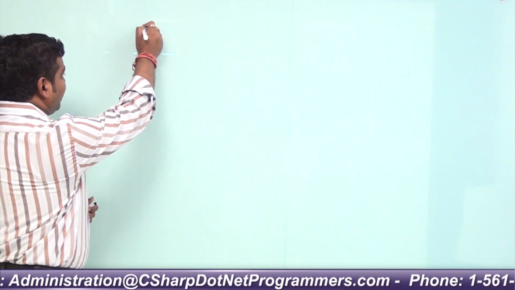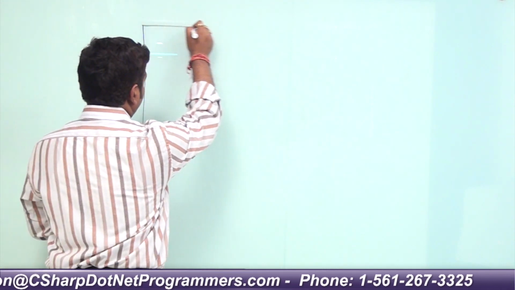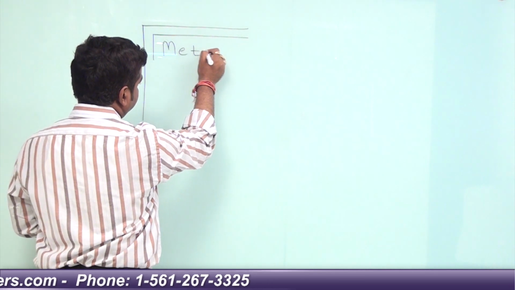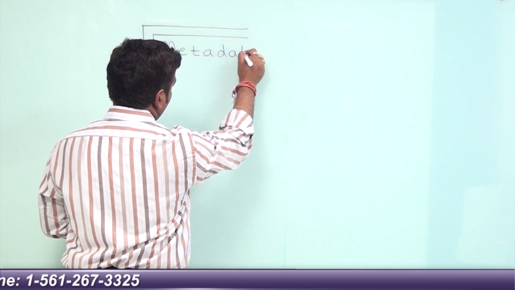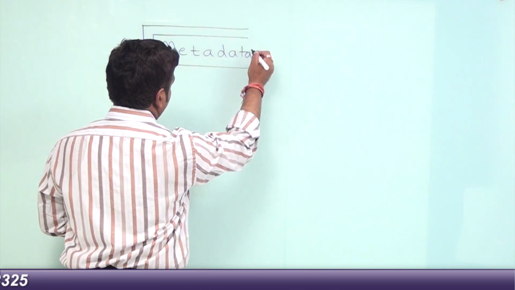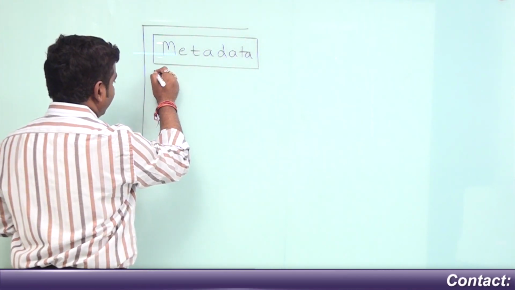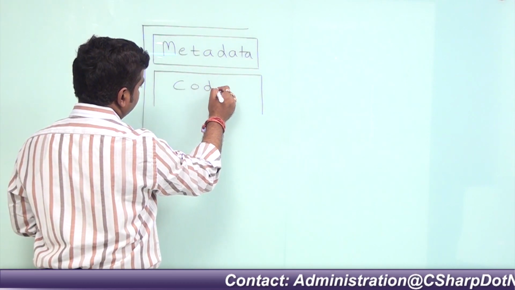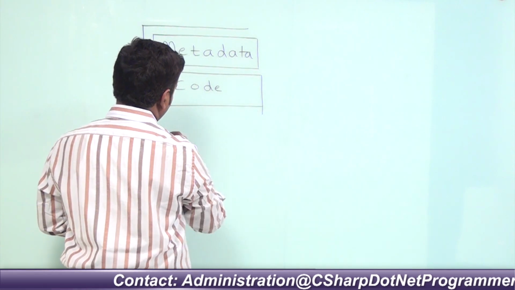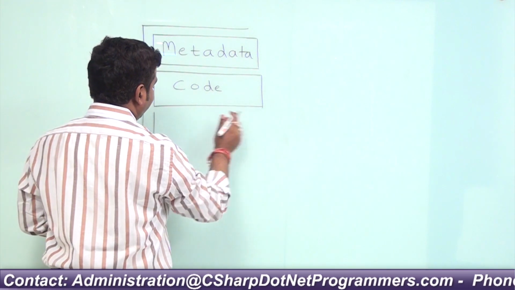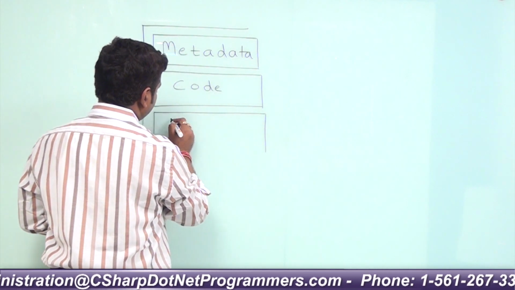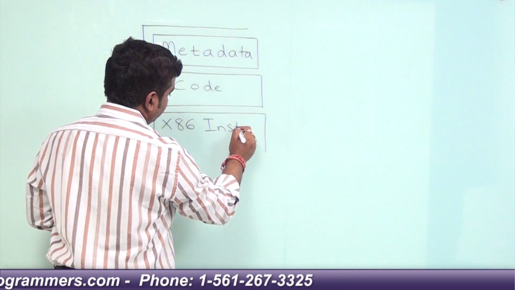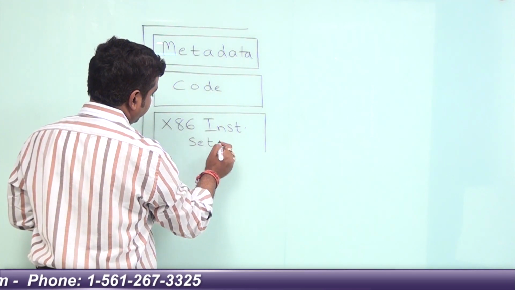An executable file consists of metadata, code, and x86 instruction set.